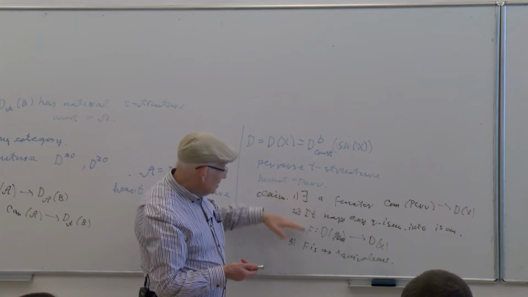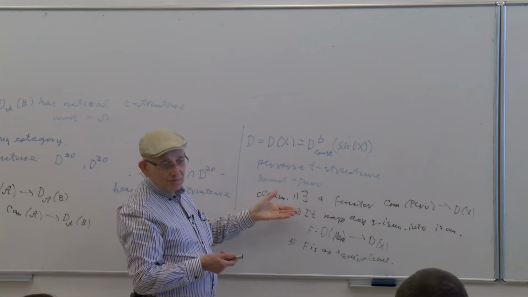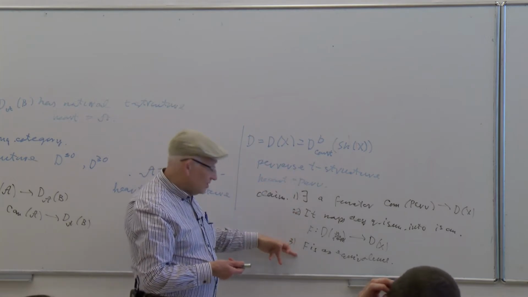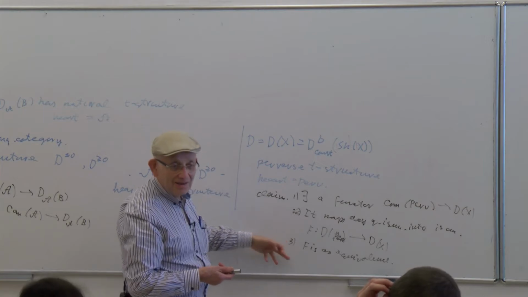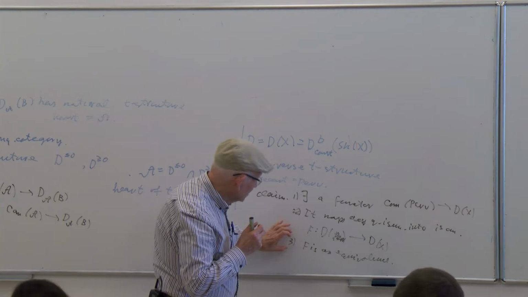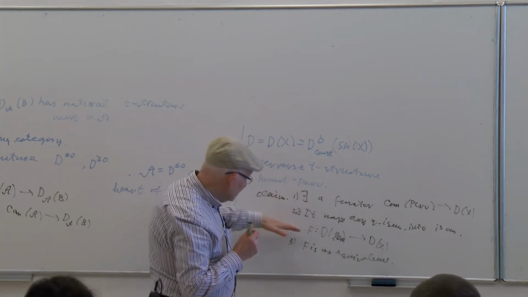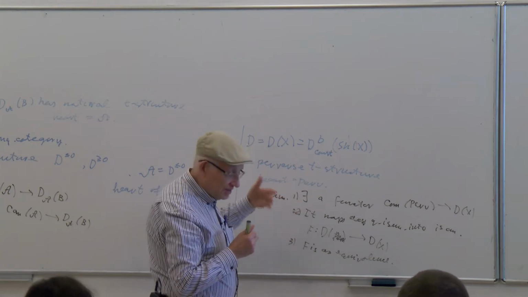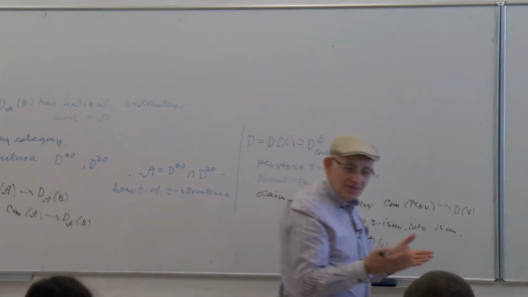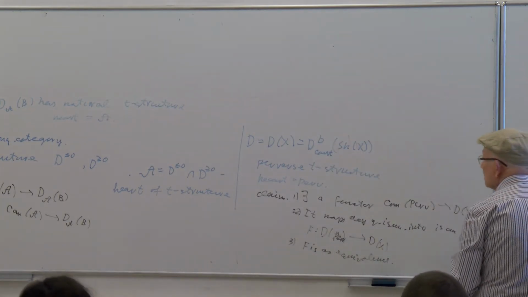For instance, if instead of this perversity you consider the standard t-structure, then of course these statements are obvious, and this is not correct. So this is much more subtle and really interesting question. Once more, the non-triviality of these claims is related only with the fact that the notion of triangulated category is not very correct.